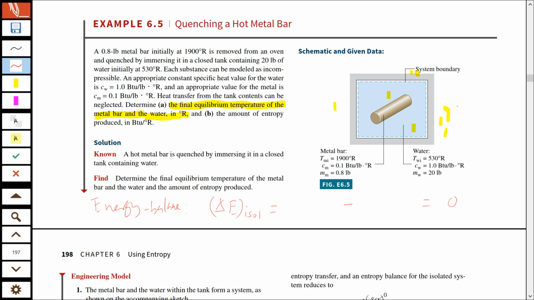Now, because this system has two subsystems, and because energy is an extensive property, I can now say delta E of M for metal, and delta E of W for water.